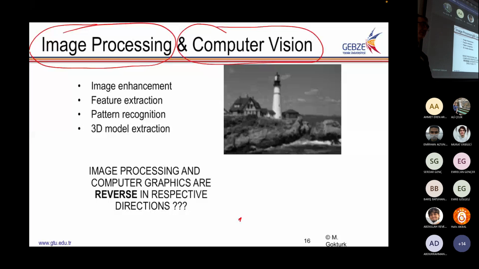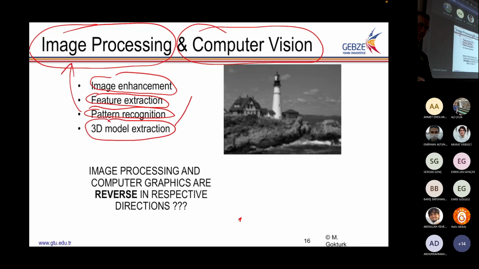I am doing image processing. These are relatively older topics where they mostly deal with image enhancement, feature extraction, and pattern recognition. When you talk about 3D model extraction, it's more like computer vision.